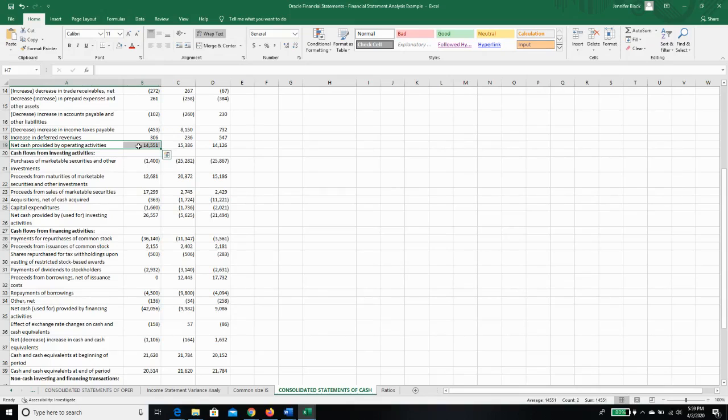So for Oracle, it would be revenue generated from selling software, support renewals, subscriptions, and then it's going to be offset by our regular expenses like paying our employees, paying rent, paying commissions, whatever else our expenses are. So I'm going to start keeping track. So right here, I'm going to just put operating.